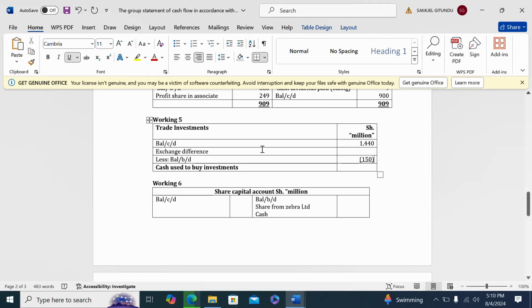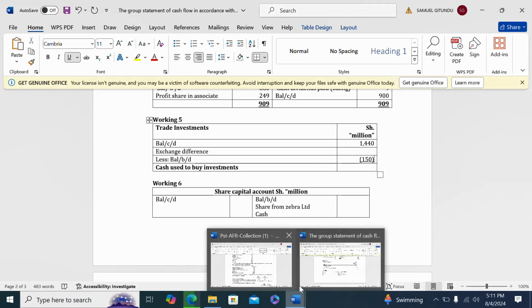But remember, there was an exchange difference. There was an exchange loss due to the use of foreign currency in the purchase of investment. So we add back.